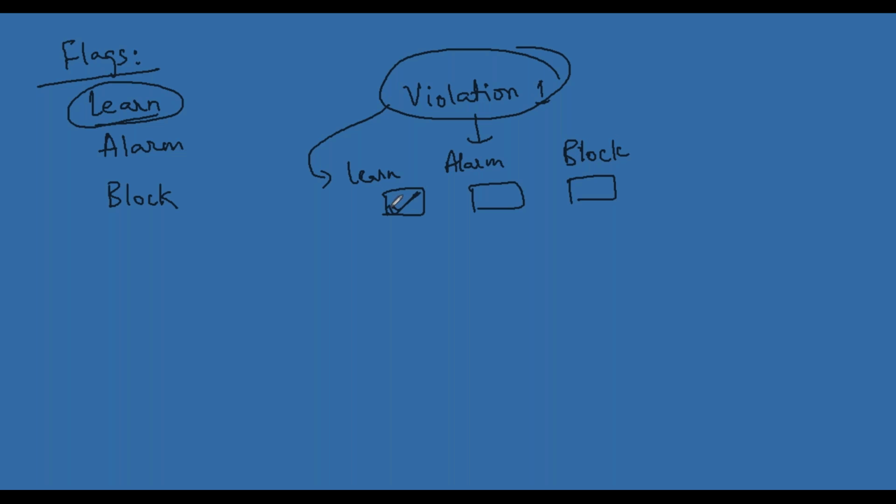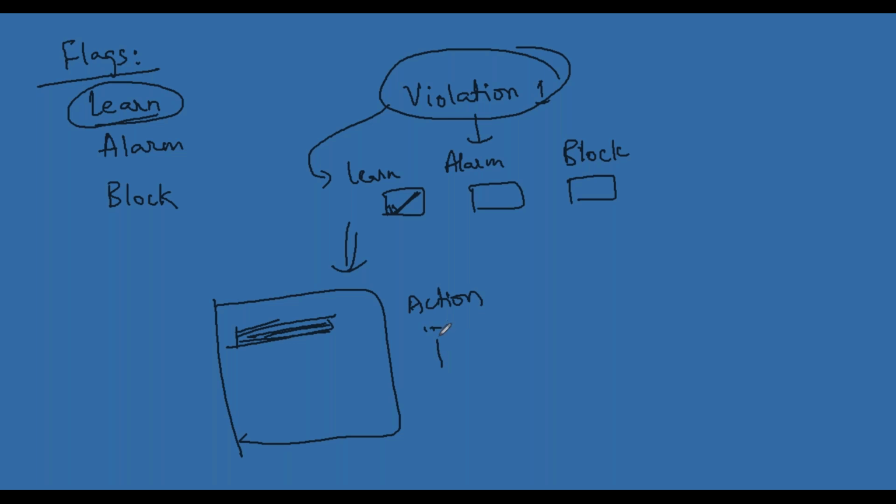If your learn flag is selected and a request is triggering the violation, ASM generates a learning suggestion for you. In the traffic learning page, it will generate a learning suggestion with respect to that request that has triggered a violation. So this is the action that you need to take. And what is the matched, let's say, signature? That signature is, let's say, ABC, and the action is maybe disable the signature.